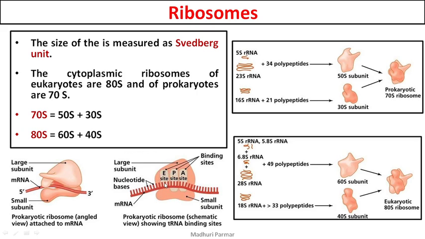E is for exit. So the tRNA comes to the A site, binds to the mRNA, then gives its amino acid to the P site, and then it leaves through the E site. So these are the different sites you find in a ribosome.